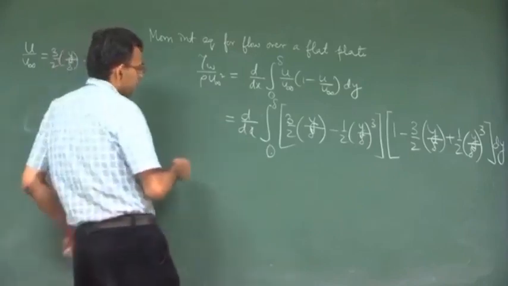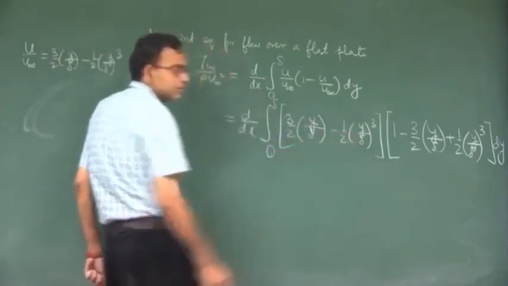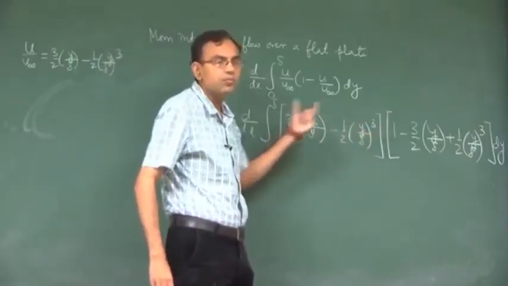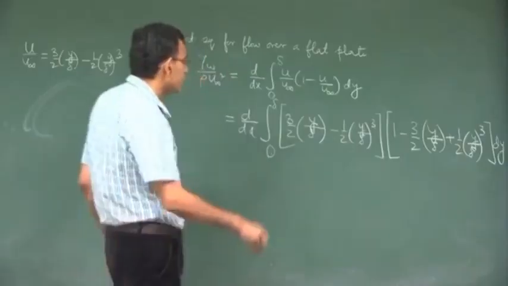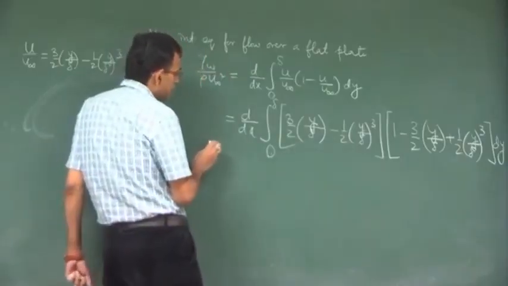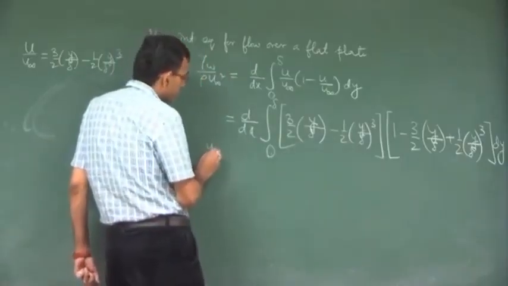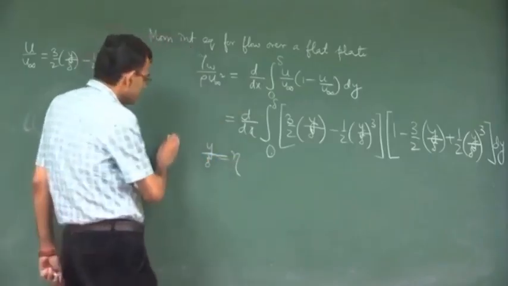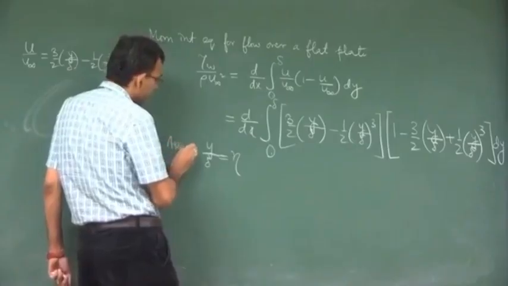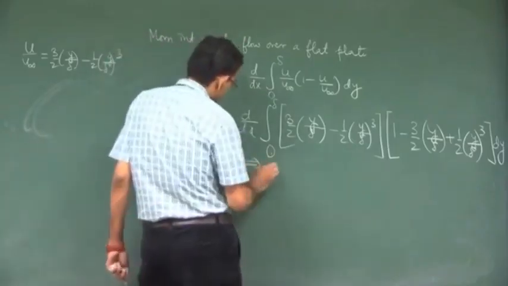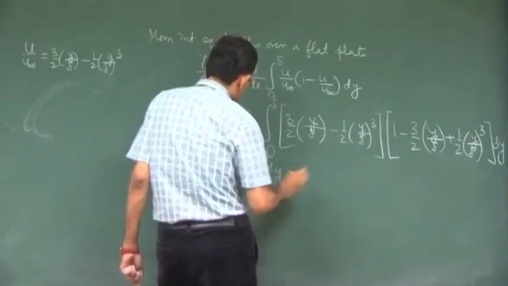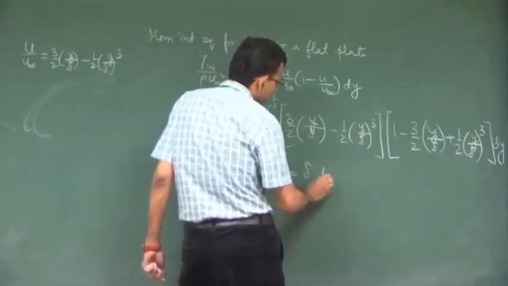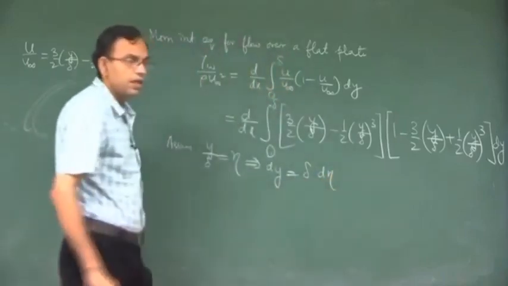Then I will just outline the method of integration, because this is just a polynomial integration, there is no big trick in this. All of you can do this, but there are good systematic ways of doing it, like you assume y by delta is equal to eta, then you have dy is equal to delta d eta.